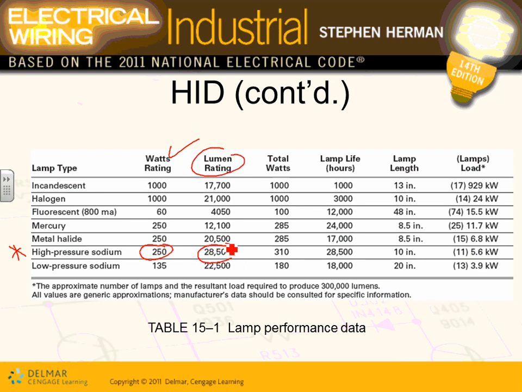You can get this amount of lumens, floodlight, total watts, and the most important thing is really this one, the life. You can get almost 29,000 hours out of that. Lamp length is not a big deal. Lamp load is how much load you have in each one of these. So lamp life is one of the most important things that you can get out of these fixtures.